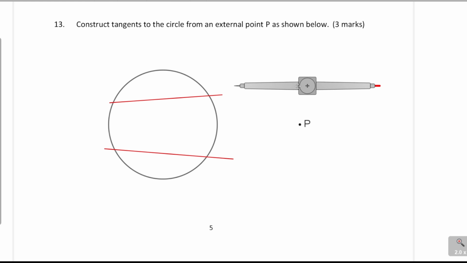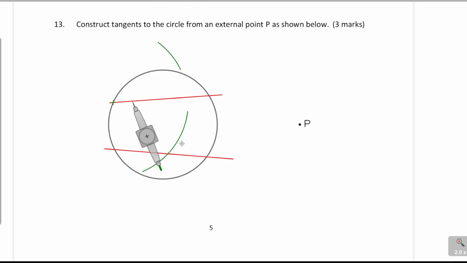So the first one, let me bisect the first one. I take a pair of compasses and bisect the first one. So this is how you bisect the first. Mark an arc there, and then another arc here, down there, the same radius, extend it to that point, then cut that arc, then also cut that arc. So you need to extend this arc here a little bit.